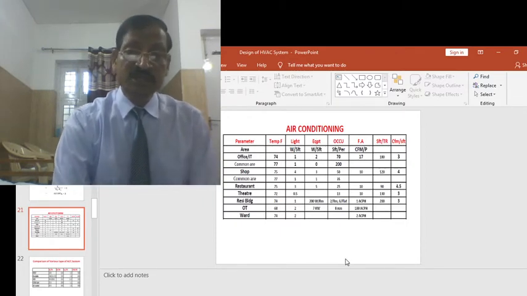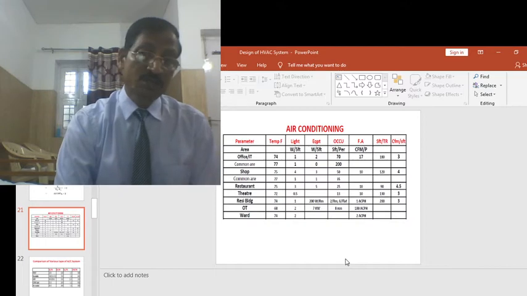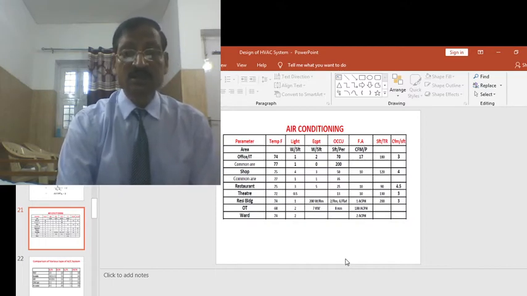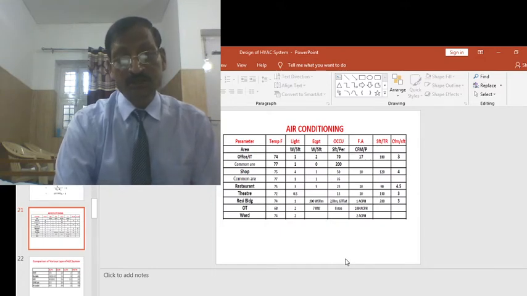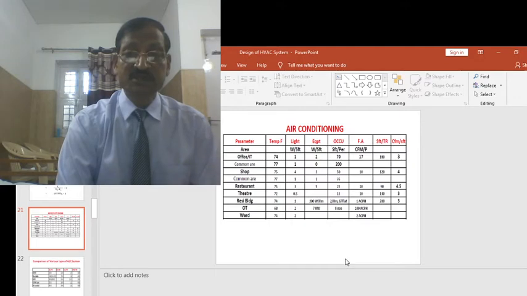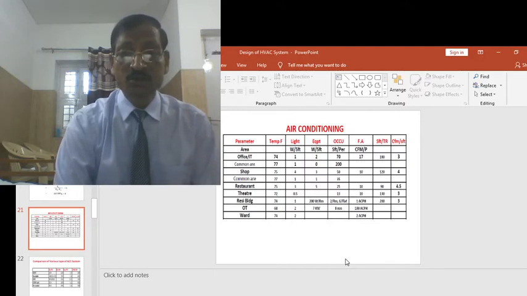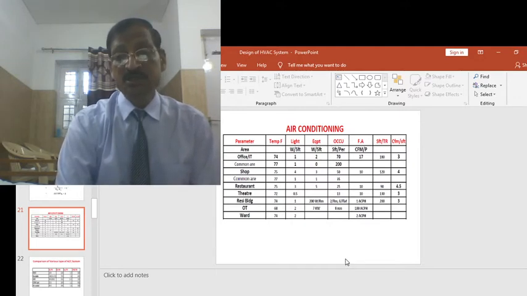These are the various air conditioning parameters for different types of buildings and applications: temperature requirement, site temperature, light, equipment, occupancy, fresh air, and the load in square feet per ton and CFM per square feet.